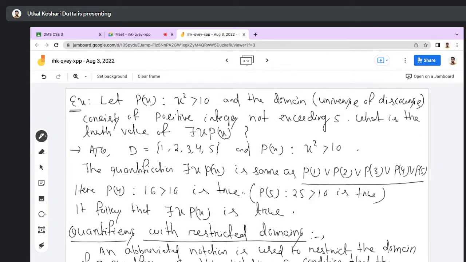After the quantifier. So one quantifier is for all, then there exists, so two quantifiers. After the quantifier, we will apply some extra conditions.